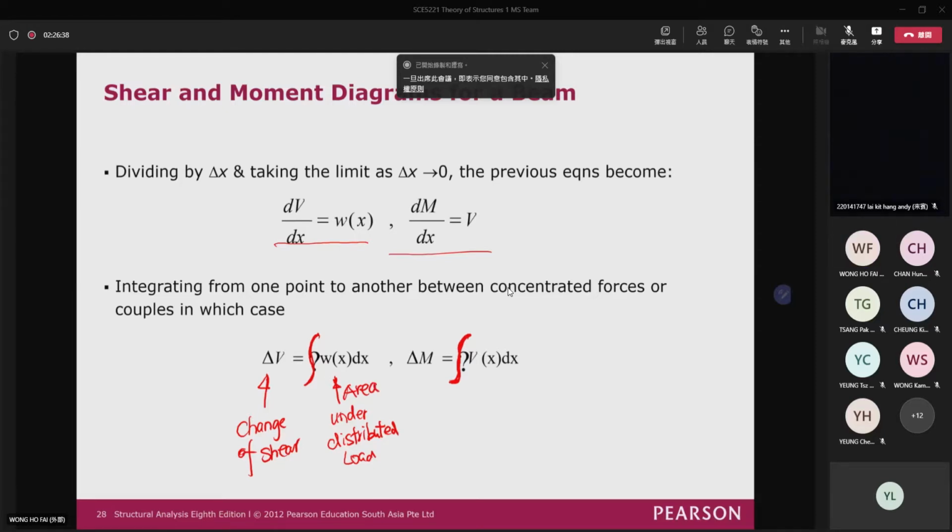Right? And then similarly, the change of the bending moment, the change of moment, is equal to the area under the shear force diagram.